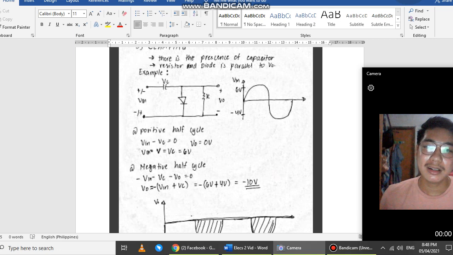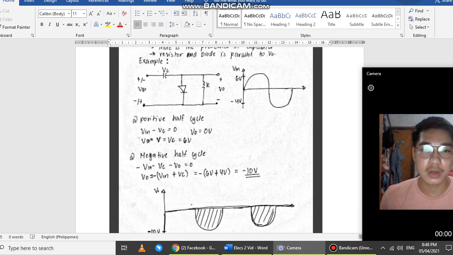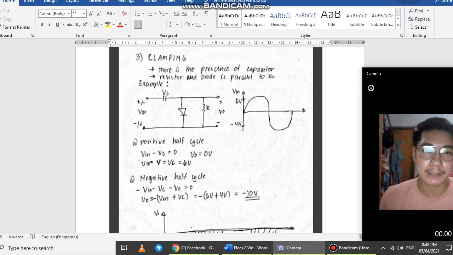So we will have our KVL, which is input voltage minus the voltage at the capacitor minus the output voltage, which is equal to 0. Our output voltage will be equal to negative 10 volts.